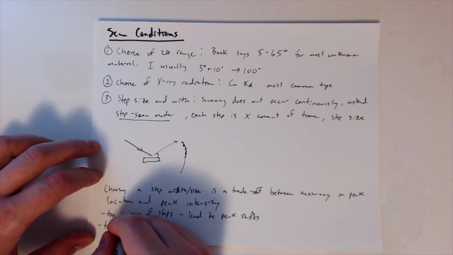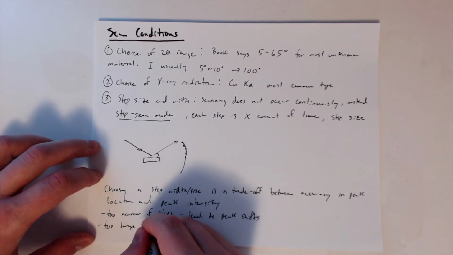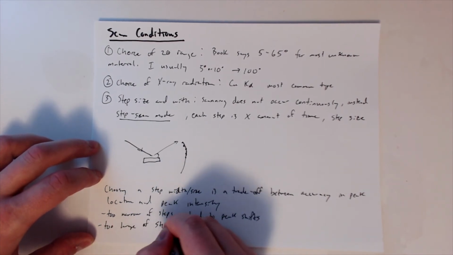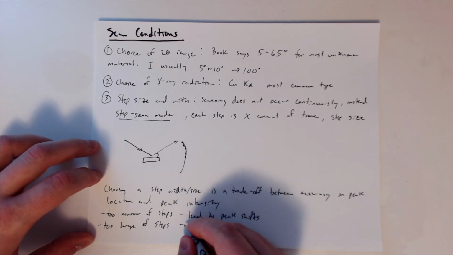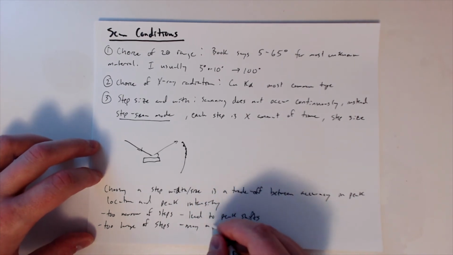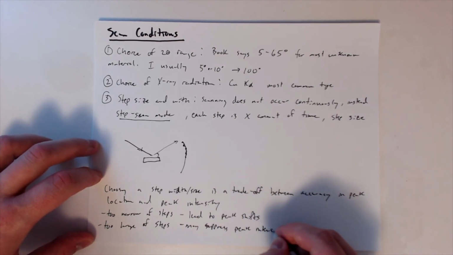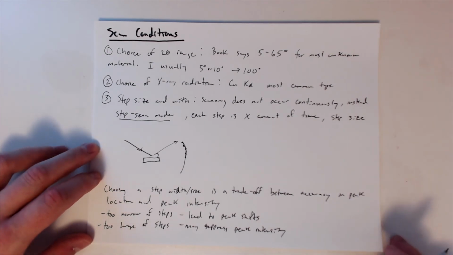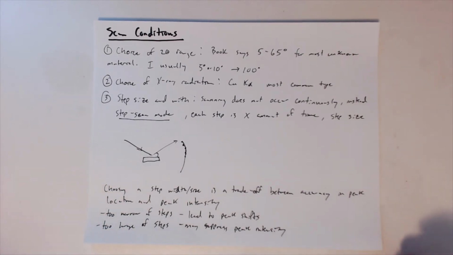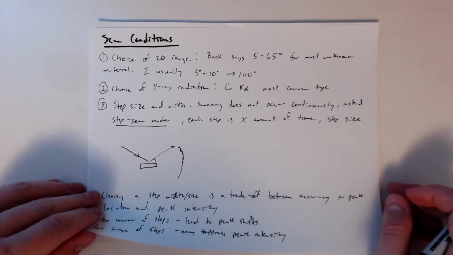And then too large of steps may suppress peak intensity. So we need to be on the lookout for this. So this is, again, a trade-off. We have to have it just right. But there is a guideline for this, so we don't just have to guess.